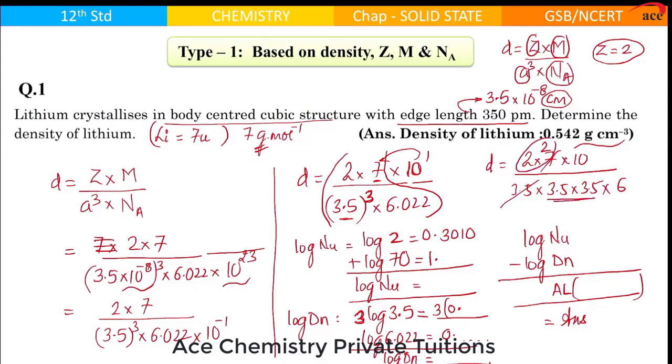This is 3.5, 3.5, or this is 40. This is 7 by 2 into 7 by 2 into 6. So, we can simplify these numbers to a certain extent, not much. So, you will be left with 80 upon 7 into 7.